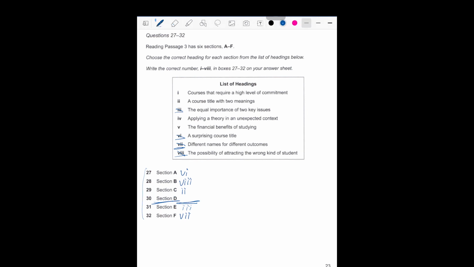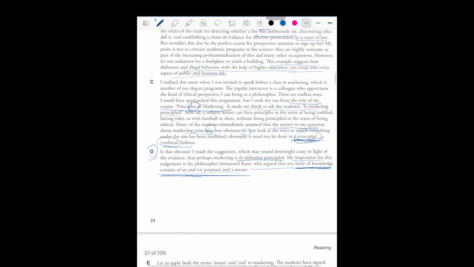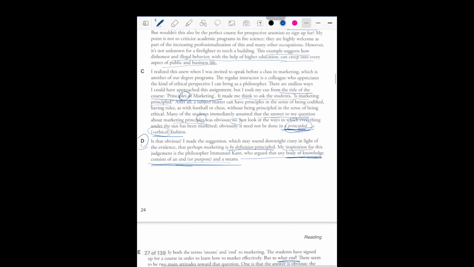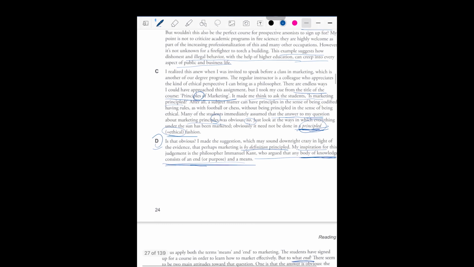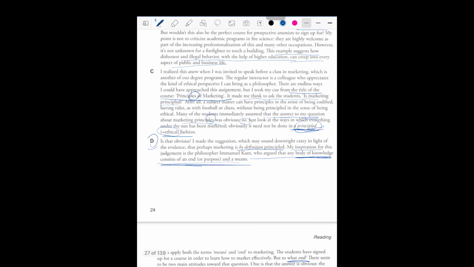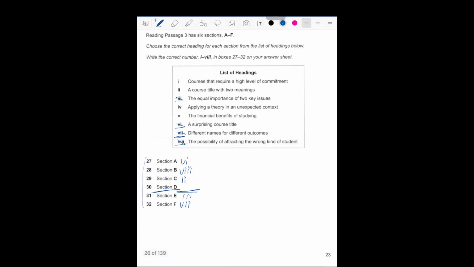Courses that require a higher level of commitment. Okay, higher level of commitment. I don't believe paragraph D described any commitment here. So this one is ruled out.